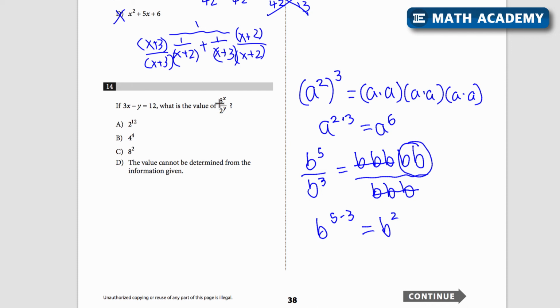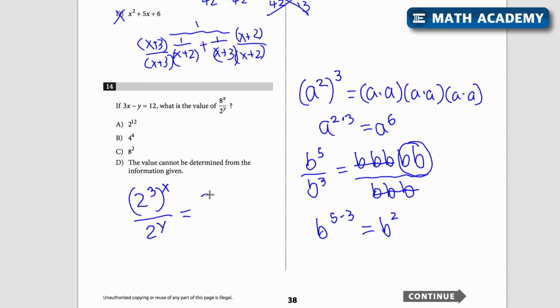One other thing that will be helpful to start out here is to write everything as the same base. You can see here I have b as the base and b as the base in the top and bottom. So I want to do that here. And I could say that 8 equals 2 cubed. So I'm going to say we have 2 cubed raised to the x power divided by 2 to the y. So this would equal, using this rule here, I'm multiplying the 2 by 3 here. I'm going to multiply 3 by x.